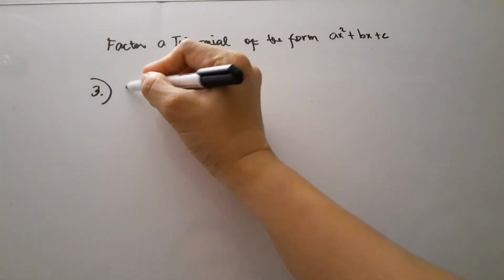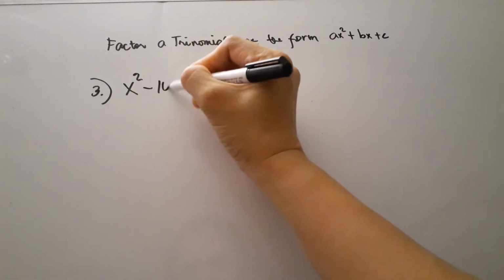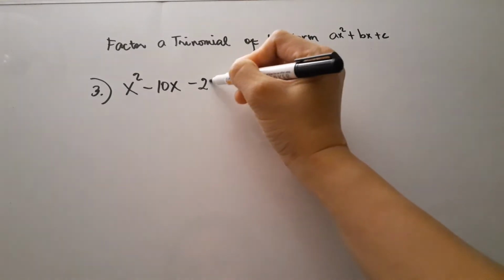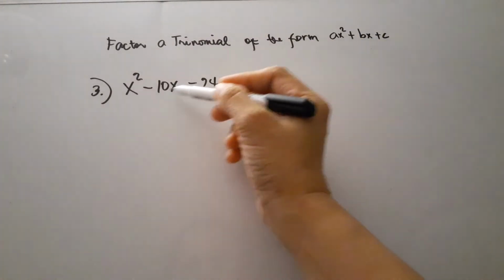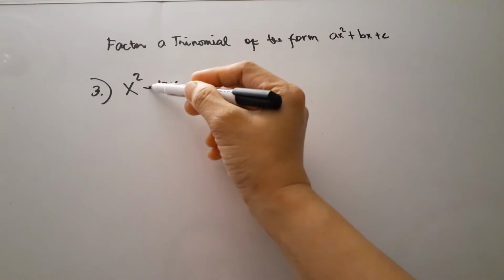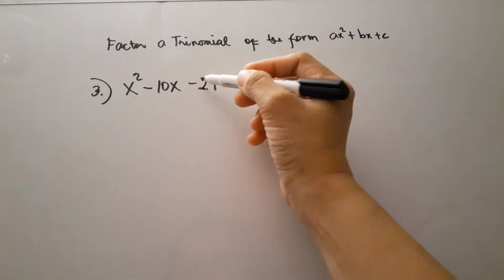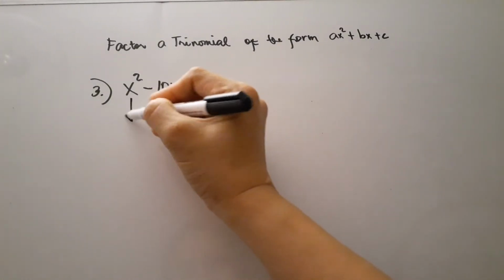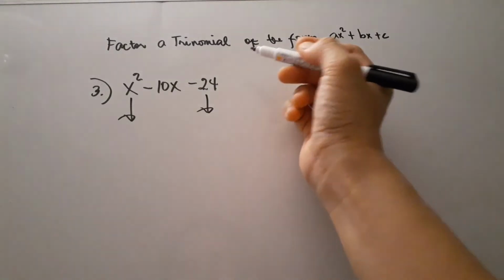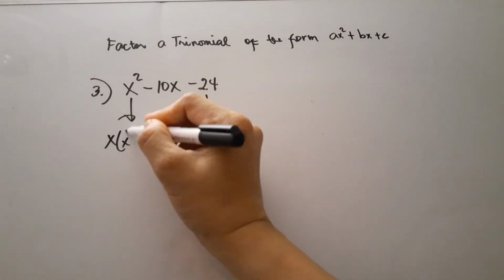And then let's have example number 3, which is x squared minus 10x minus 24. Since the constant term of the trinomial is negative and the coefficient of x is negative, our binomials have a negative and a positive.